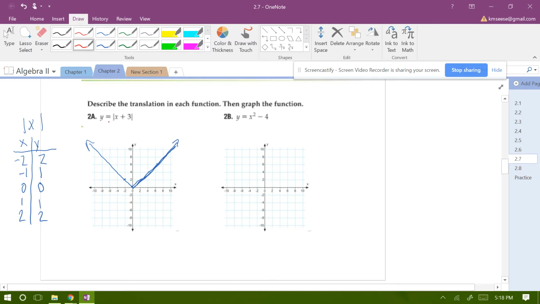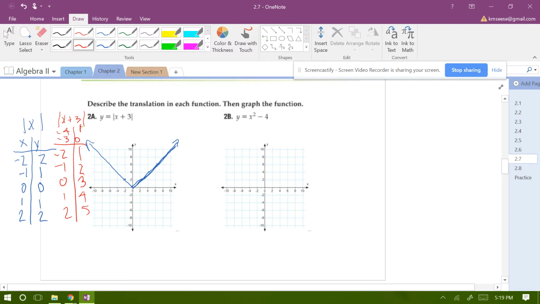Well, if you graph the absolute value of x plus 3, if I plug in -2, -1, 1, well, if I plug in -3, I get 0, 1 is 1, 2, 3, 4, 5. And once again, I don't have that V shape, so that's going to be -3.